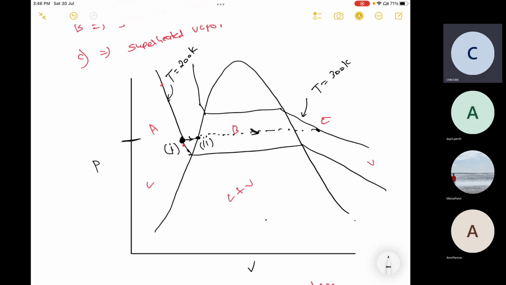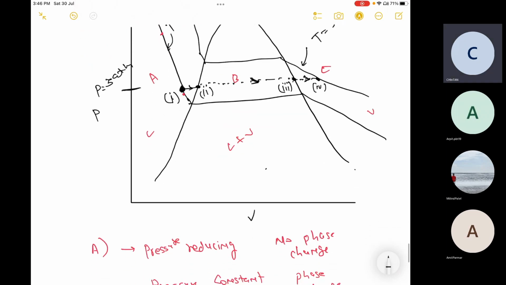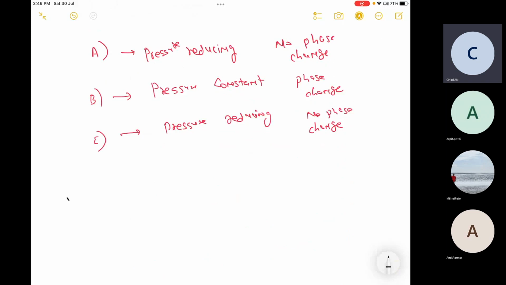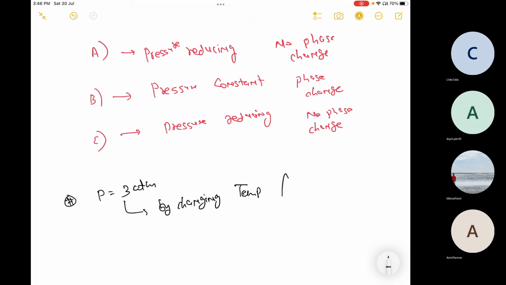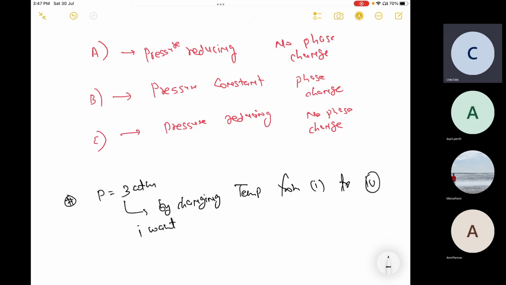Okay, at constant pressure. Now we have pressure as a constant value, let's suppose 3 atm. Let's suppose this is 2, this is 3, and this is 4. We are moving this side. So what I want to do, let me tell you. My pressure is constant. By changing temperature from 1 to 4, I want to change a phase.